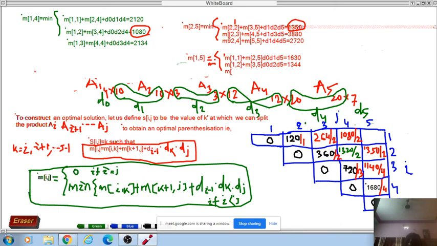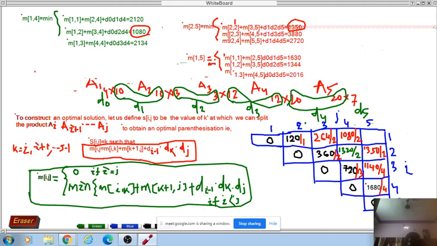This is 1 3, plus m of 4 5, plus d0 d3 d5. Okay, that value is something like 1 3 4 5. That value will be something like 20 16.